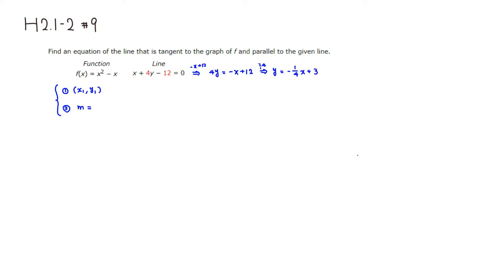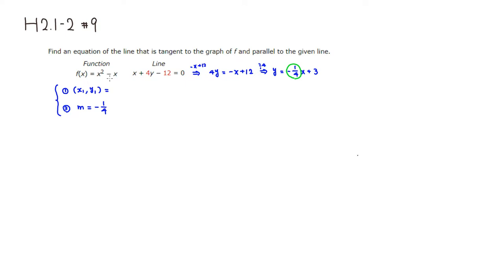The slope that we're looking for is negative 1/4, so we have m is equal to negative 1/4. The problem is we don't know x1 and y1. So the way to find that is to do this.